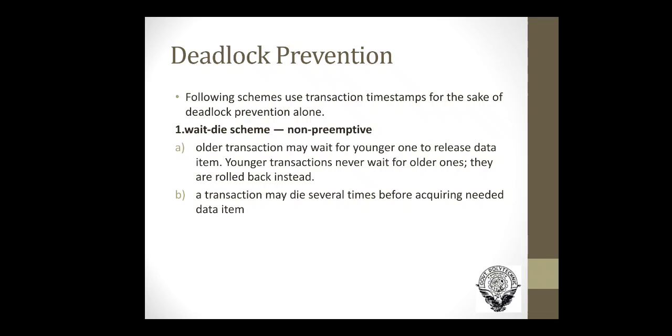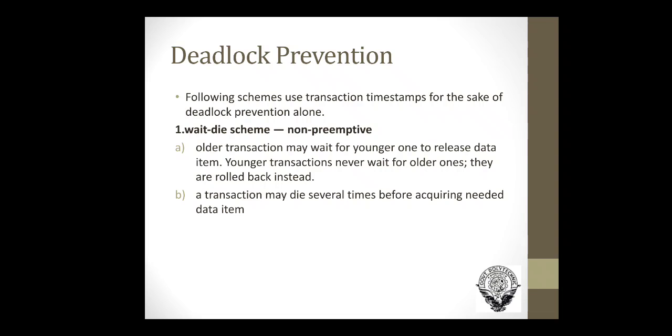It means that those transactions which are older may wait for the newest or youngest transaction to release the lock. Younger transactions never wait for older ones, they are rolled back instead. So the newest transactions are never going to wait in this scheme, they are rolled back instead.